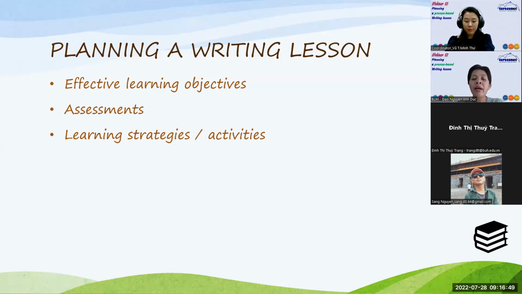The second is the assessment we are going to use to evaluate the learning process and the learning outcome of this lesson. And the last one is the activities, student activities and teacher activities, that may happen during this lesson. So when we plan a lesson, in general or a writing lesson like this, I think we should make clear these three things.